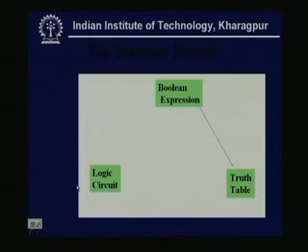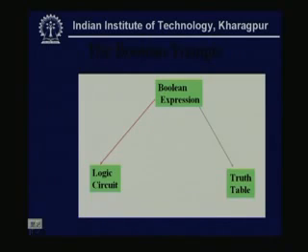Now, how are they related? If a Boolean expression is given, I can draw a logic circuit from it. A logic circuit consists of a number of logic gates, of the types we have just read: OR, AND, NOT, NAND, NOR, etc. Also, if the Boolean expression is given, I can draw a truth table.